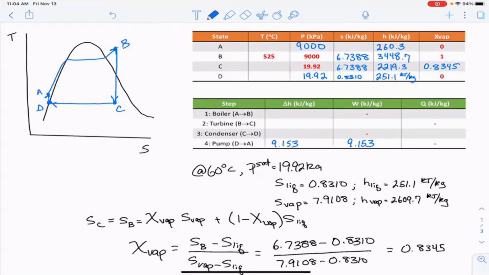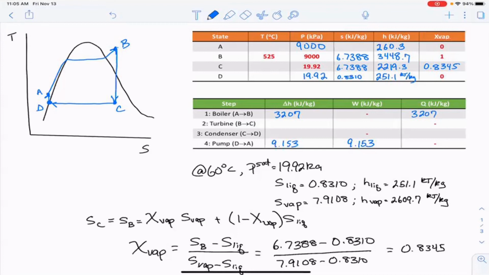And so delta H is the enthalpy at B, which is 3448.7 minus the enthalpy at A, which is 260.3. And so for the boiler, we can calculate delta H, which is 3207 kilojoules per kilogram, and it's the same thing as Q, right?